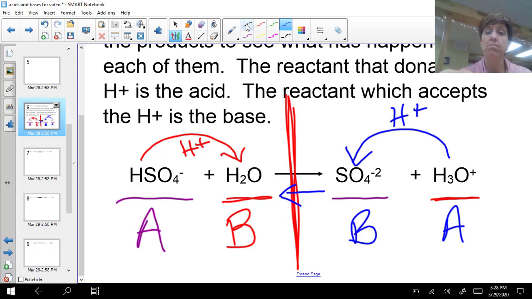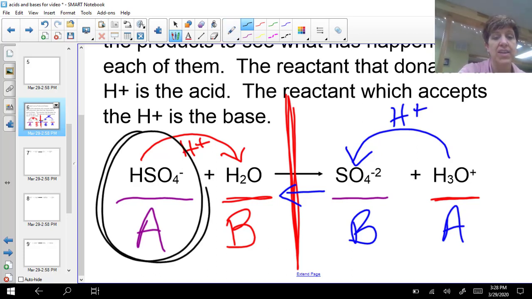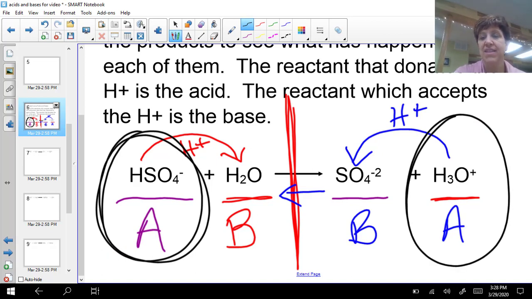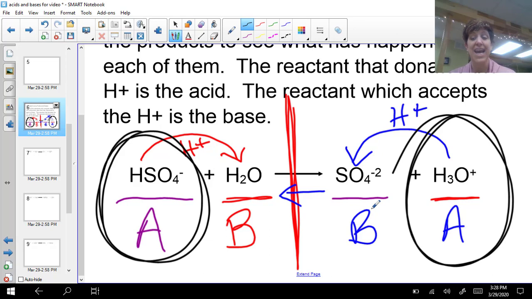So if my multiple choice question gave me this reaction and said, name the two acids, I would do the arrows and say, this is one of the acids, and this is the other acid. So it would be HSO4 minus and H3O plus, because in this overall reaction, forward and reverse, they are the ones that gave away the H pluses.